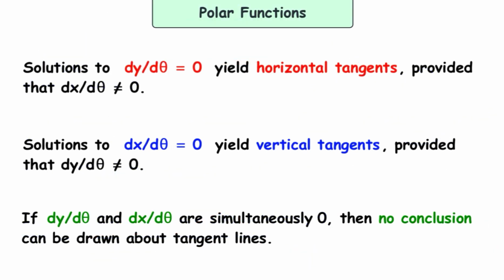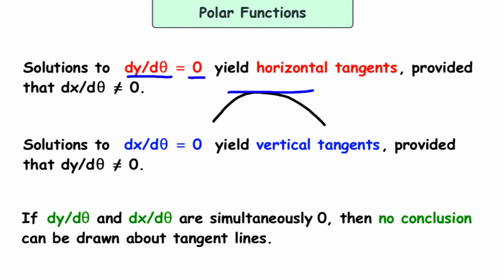You will be asked to find the location of horizontal tangents and vertical tangents. At first, when I read this, I thought it was backwards again because horizontal tangents are where dy/d theta equals 0. But I thought, well, that makes sense because if y is not increasing or decreasing, if you're coming along like this and suddenly you flatten out and then you go backwards, right here is a horizontal tangent because y isn't changing. dy/d theta is 0.